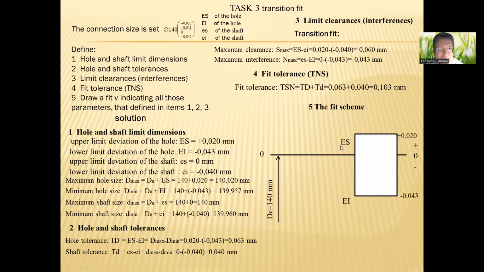upper limit deviation, lower limit deviation: upper limit plus 0.02, lower limit deviation minus 0.043. It's the tolerance field of the hole, and then the tolerance field of the shaft. Upper limit deviation of the shaft is equal to 0, lower limit deviation minus 0.04, and it's the tolerance field of the shaft.